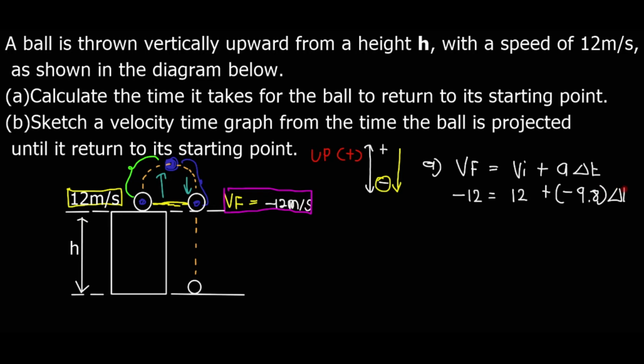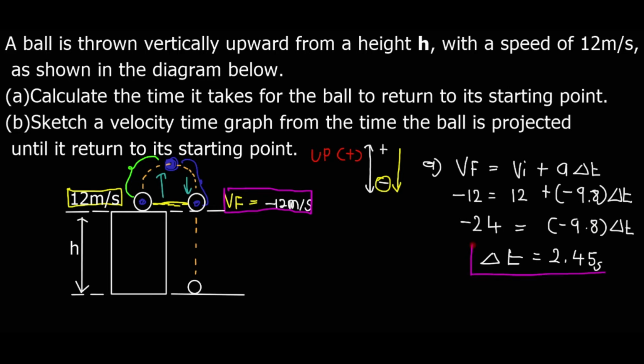From here we want the time, so we move the 12 to the other side and it changes sign, so we have negative 24. And then we divide both sides by negative 9.8. This means our time will be 2.45. So this is the time from the initial point to this point.